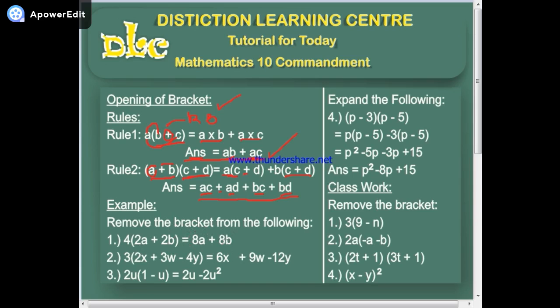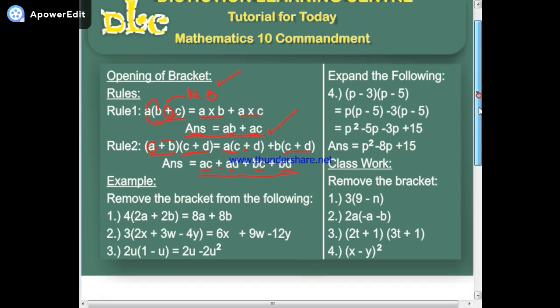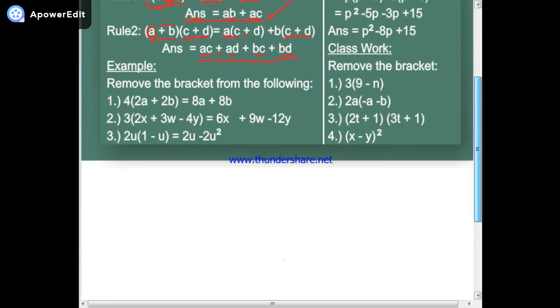Now if you want to do this, how are we going to do it? Let's solve it here. Now the question is 4 into bracket 2a plus 2b.